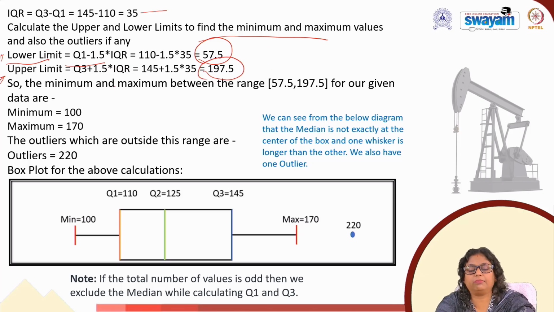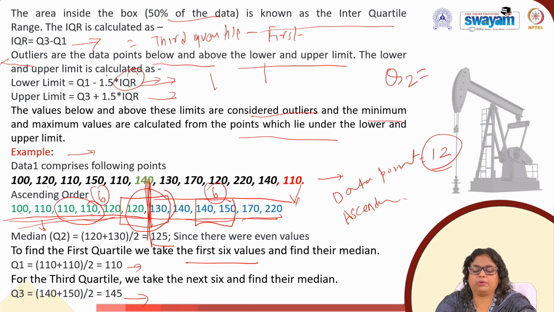Now we have the minimum and maximum limits, between the range 57.5 and 197.5. We have the lower limit and the upper limit, and in between is the range for our given data. Seeing this range, what can we calculate? Looking at the data, what is the minimum value?